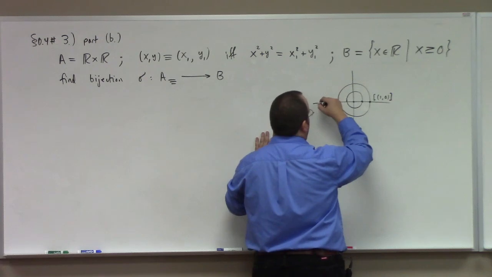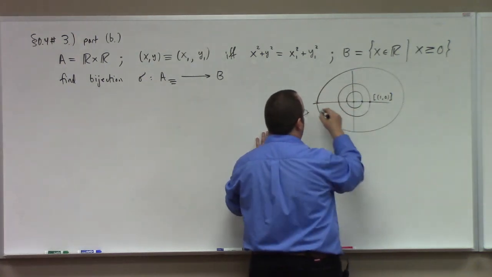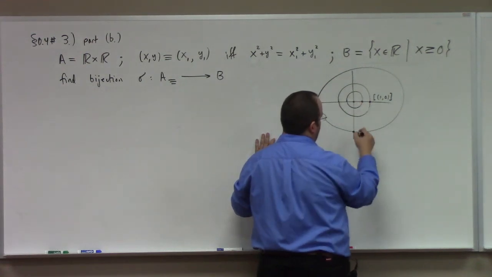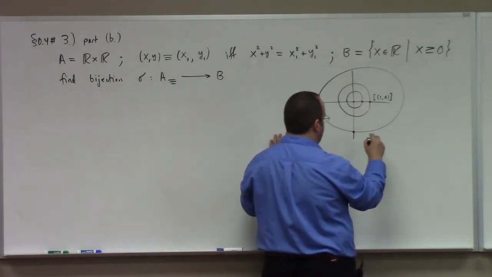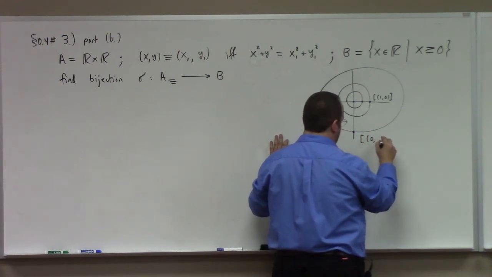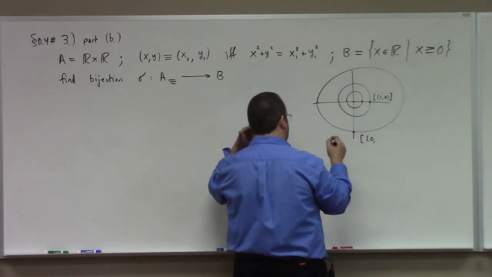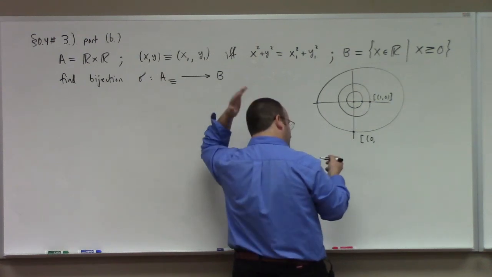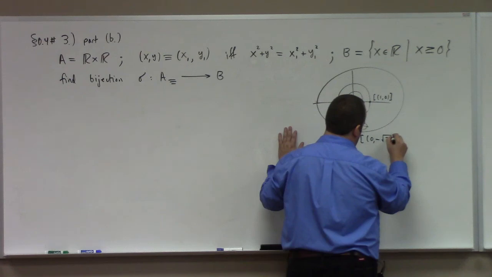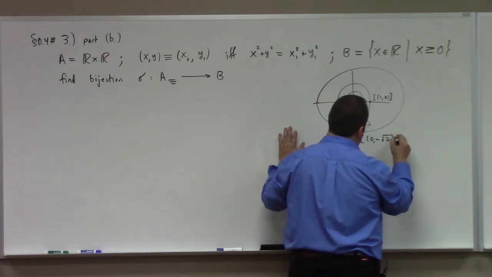If I had a bigger one out here, bad, but I'll do it down here to keep my picture cleaner. Suppose this has radius square root of 2.